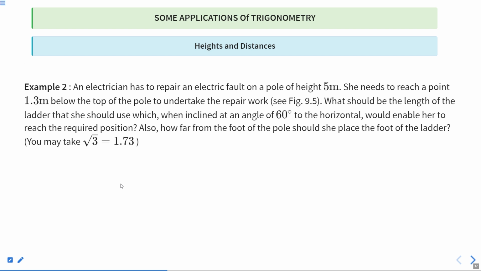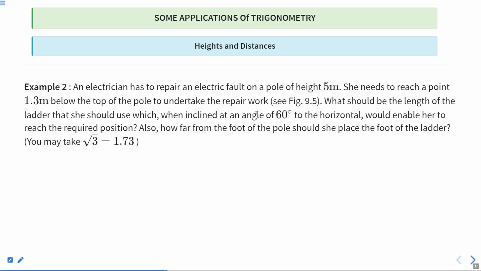So here basically we have an electrician who has to repair an electric fault on a pole of height 5 meter. So we are given the height of the pole as 5 meter, and she needs to reach a point 1.3 meter below the top of the pole to undertake the repair work.